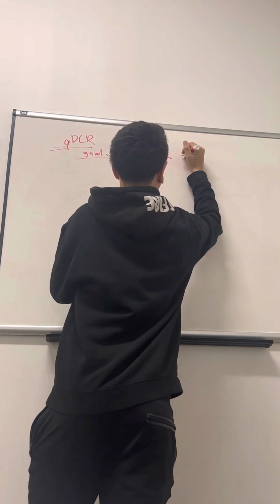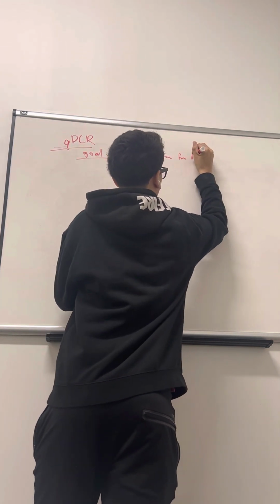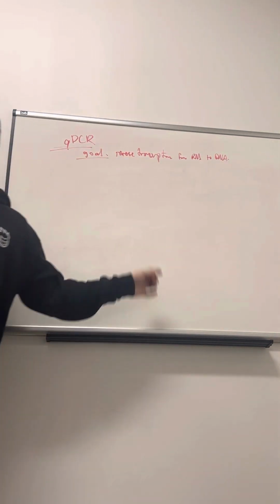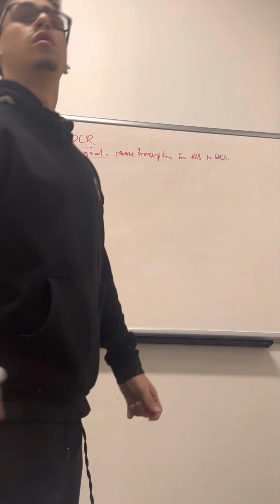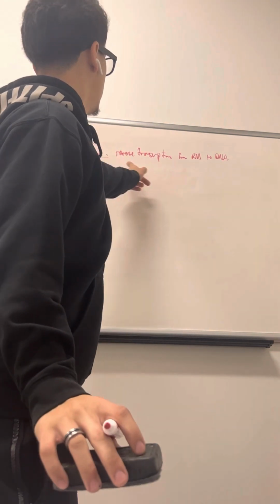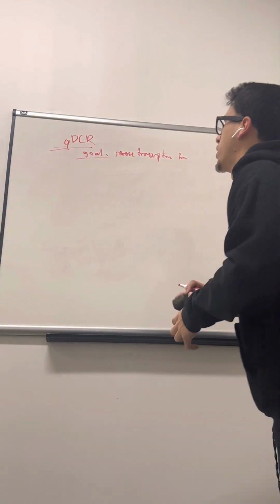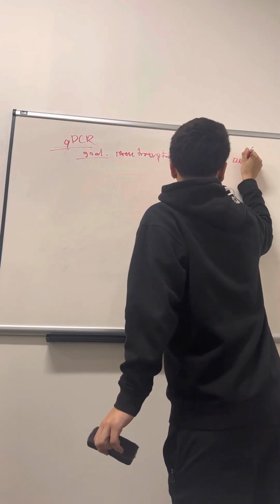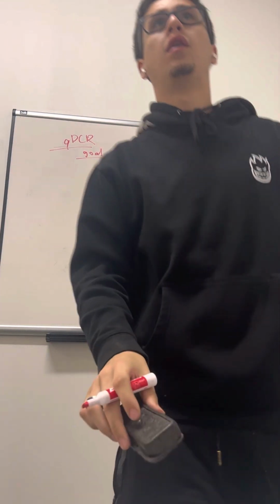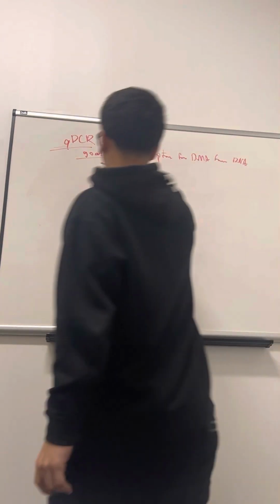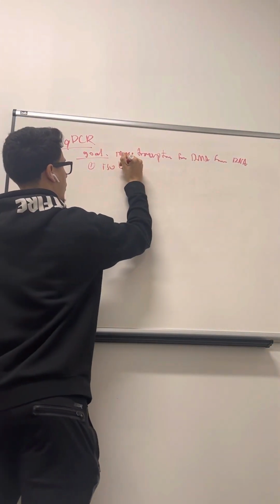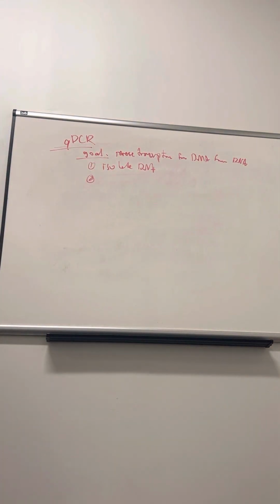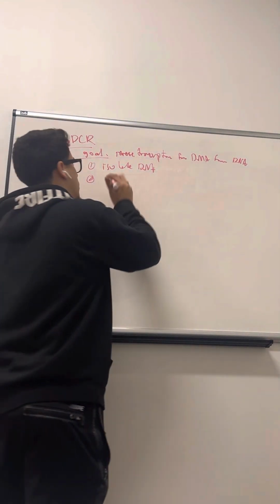We're going to produce DNA from RNA. For the first step, we isolate the RNA, and then we convert the RNA to DNA.